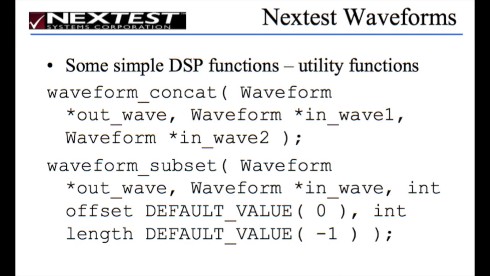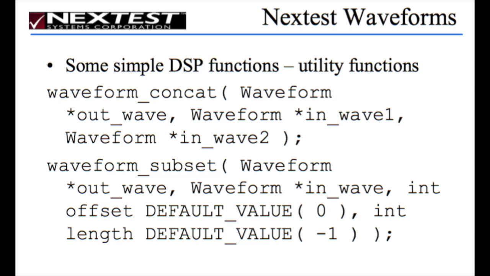Here's some other functions. Utility functions. Waveform concatenate. So it concatenates two waveforms together, one end to end, right? So the out wave, in wave 1, in wave 2. That's a way to build a waveform. And a waveform subset. Out wave, in wave, and then you give it the offset and the length, how far you want it to go.